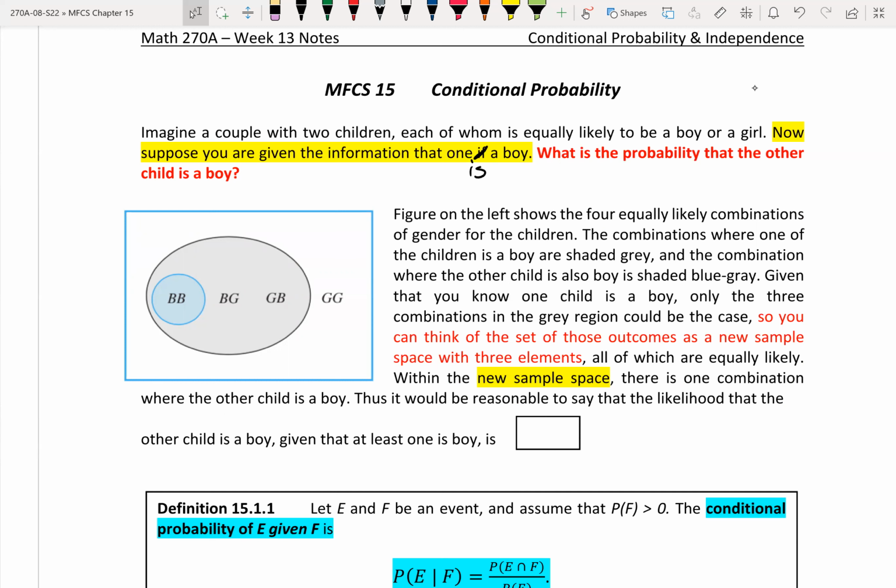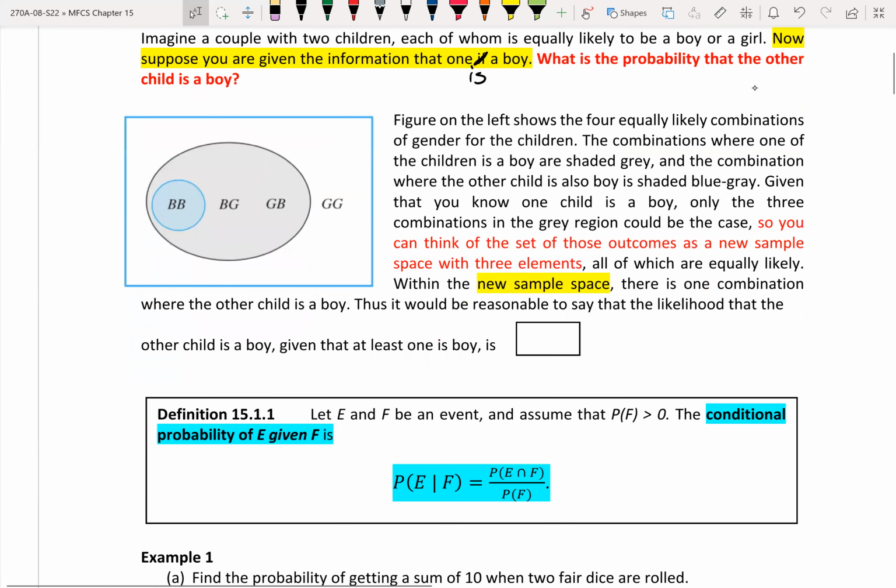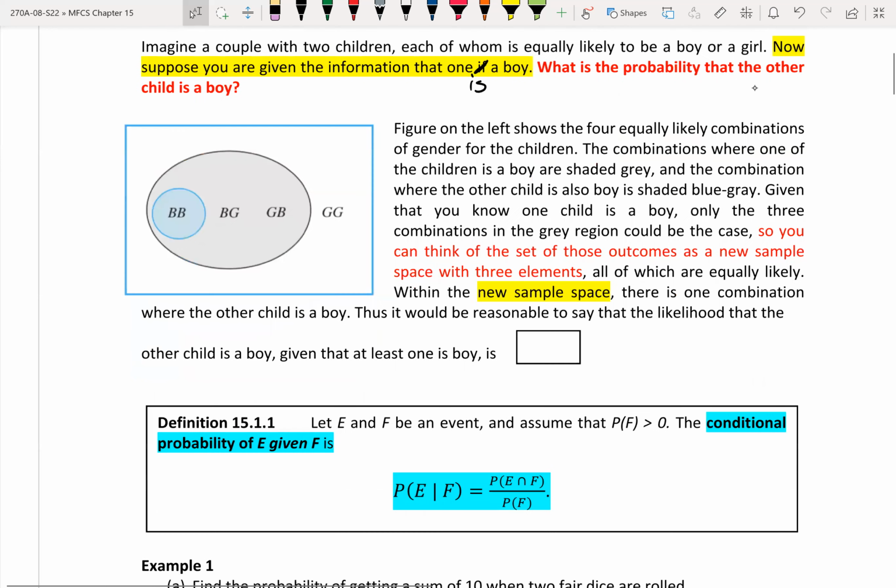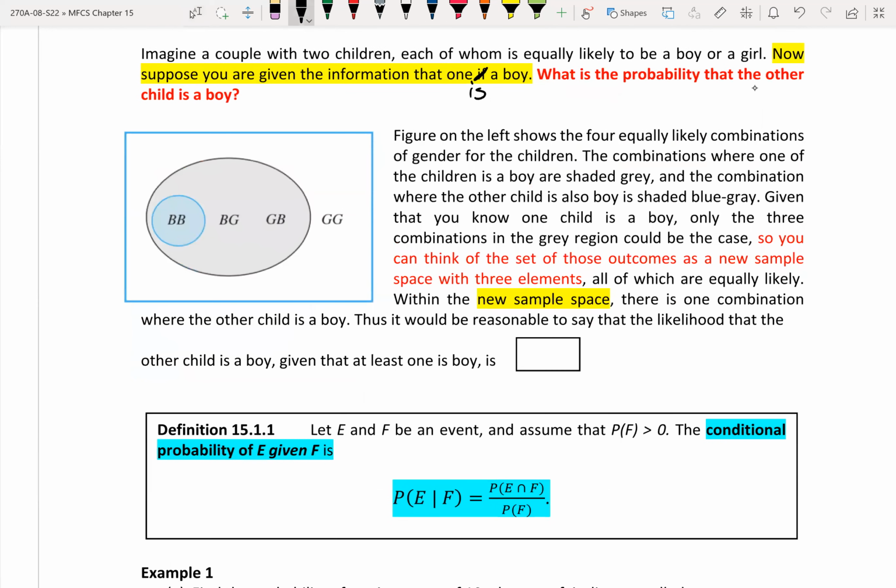Given that you know one of the children is a boy, there are only 3 combinations in the gray region that could be the case. So you can think of the set of those outcomes as a new sample space. And what is the question? According to this information, what is the likelihood of the second child also being a boy?